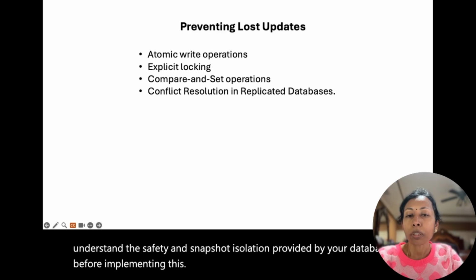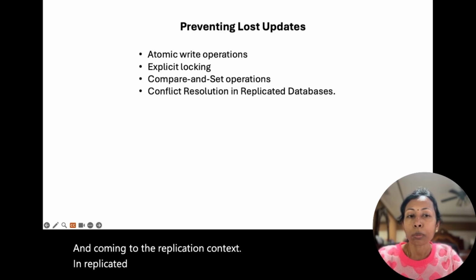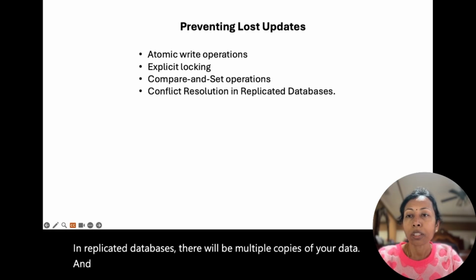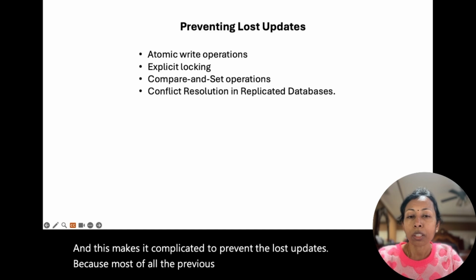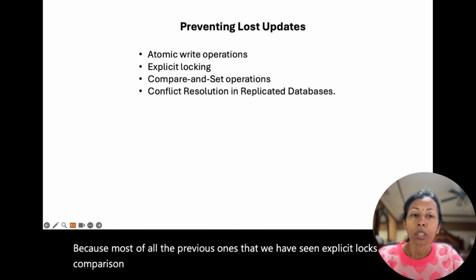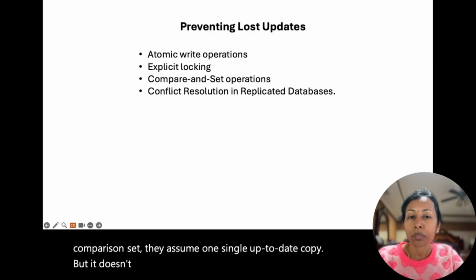Coming to the replication context, in replicated databases there will be multiple copies of your data, and this makes it complicated to prevent lost updates. All the previous approaches that we have seen, like explicit locks or compare and set, assume one single up-to-date copy, but that doesn't work in replicated databases.